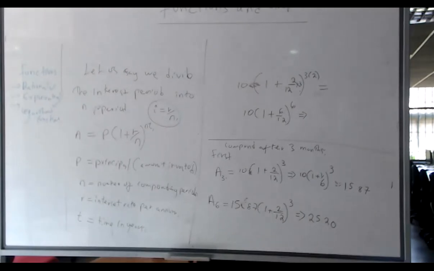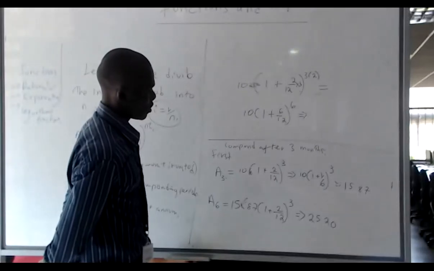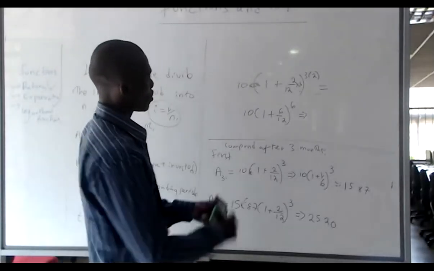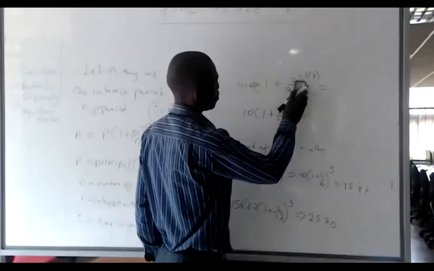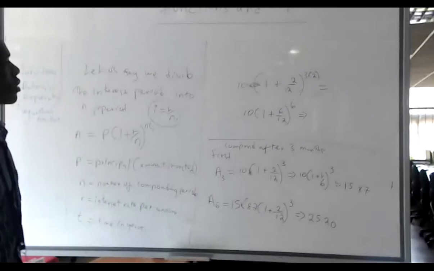Yes, the 1 plus 2 over 12, then in brackets 3 to the power of 3 times 2. That's when you'll be able to get the previous answer, the 25.21 or 25.20. Yeah. 2 divided by 12 raised to 6 now. Yes, like that.